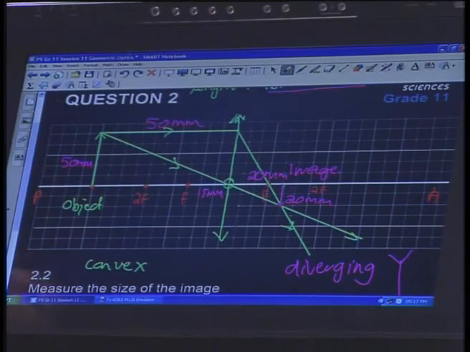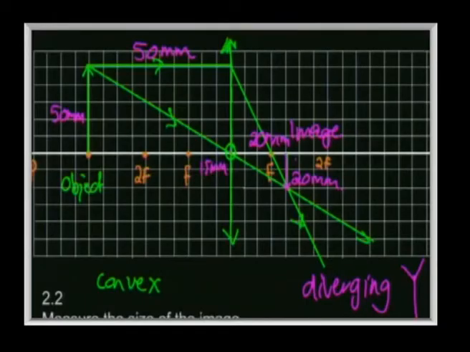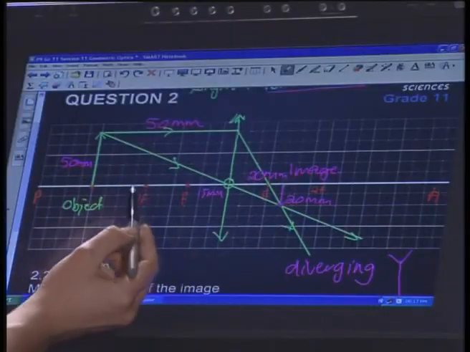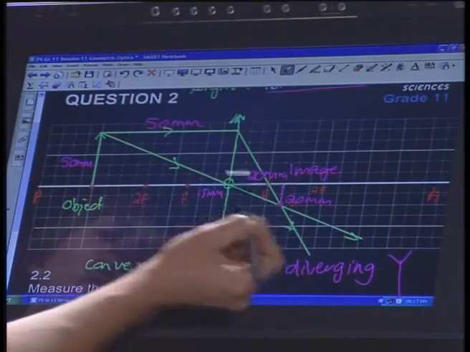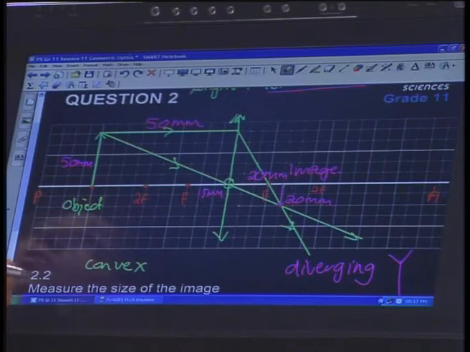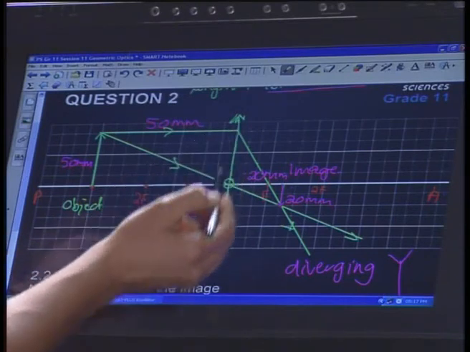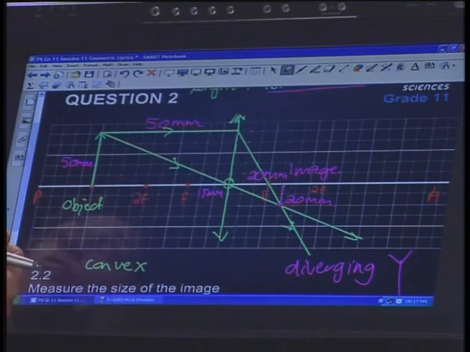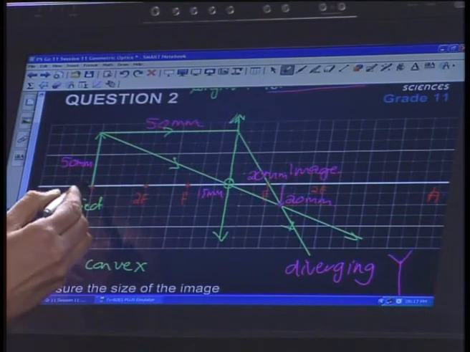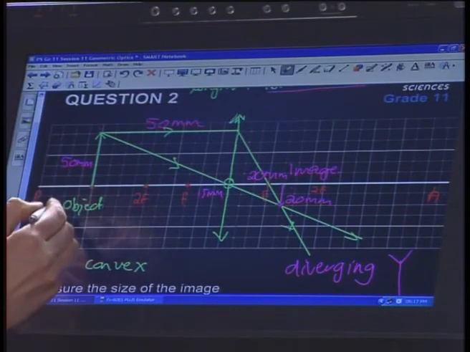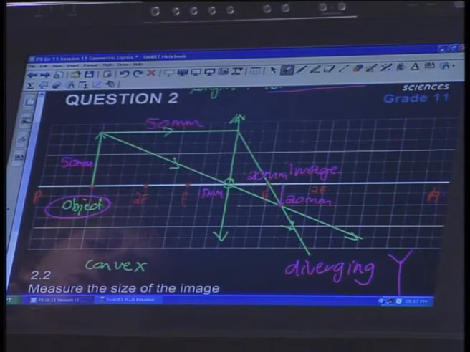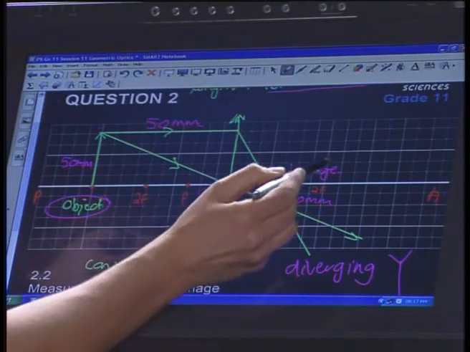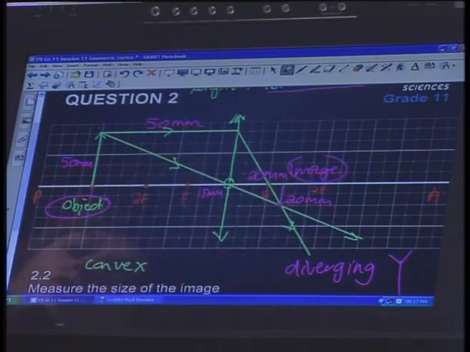In this diagram, you have now included all the information that your examiner might require. You've included labeling for your axis, you've included the labeling for your focal points, your primary as well as your secondary focal point. You've included your lens as well as the labeling for the optical center. You've drawn your object to scale and you have labeled your object. You've drawn your image to scale and you have labeled your image.